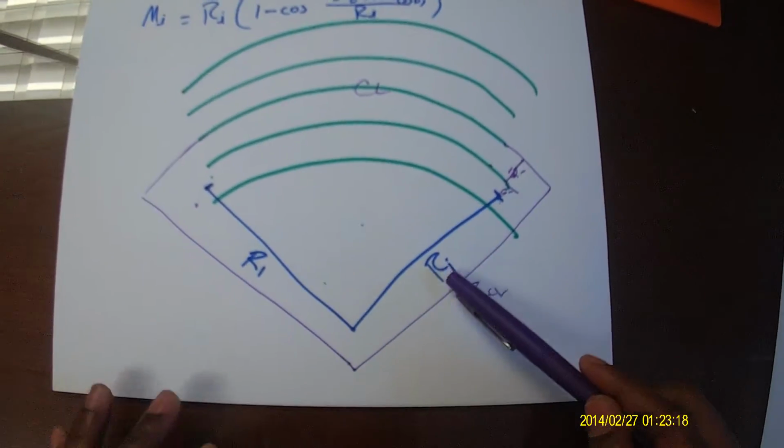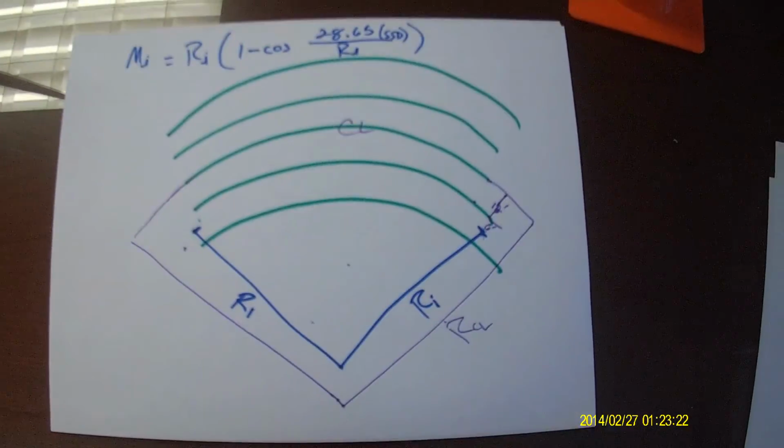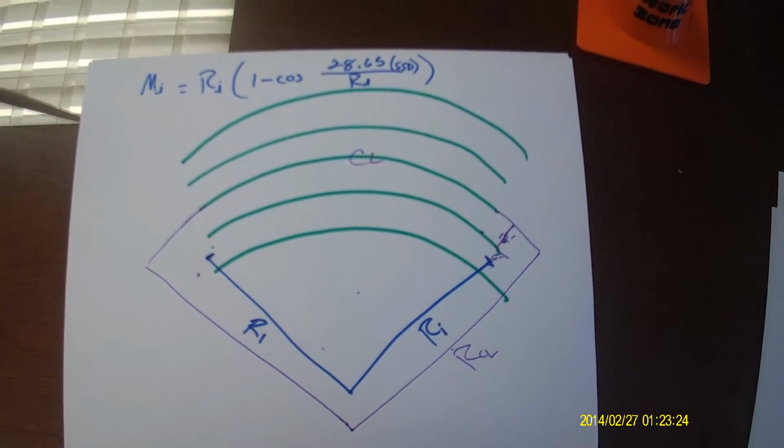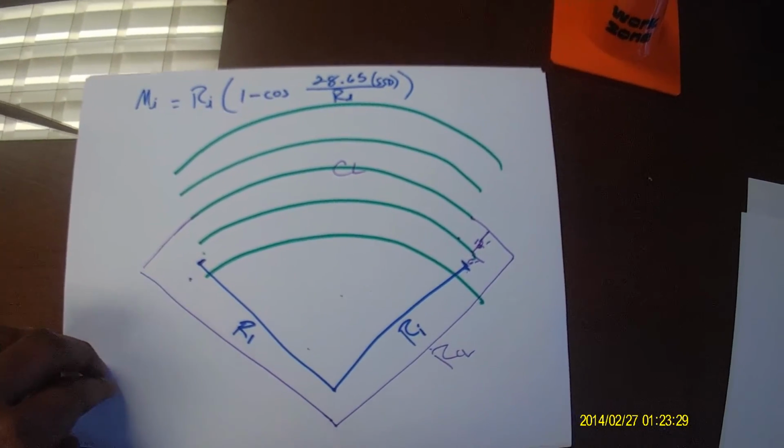And once you figure out what that new R sub I is, you can plug it into this equation after determining what your stopping sight distance is based on the speed that was given to you. So let's go ahead and try an example.